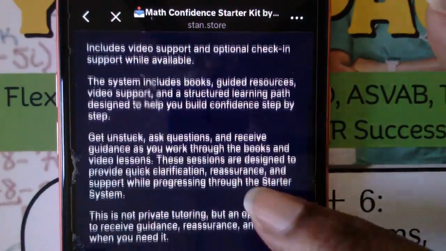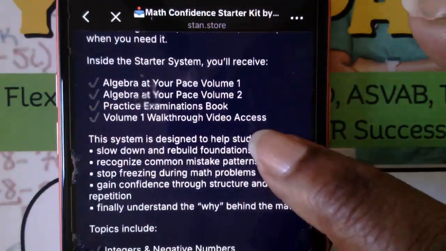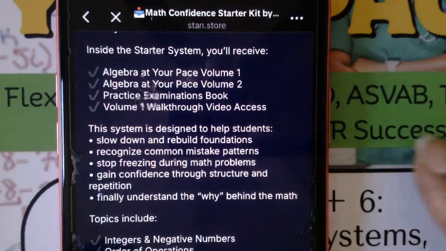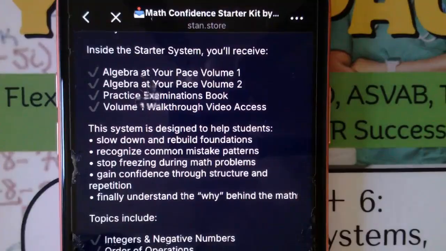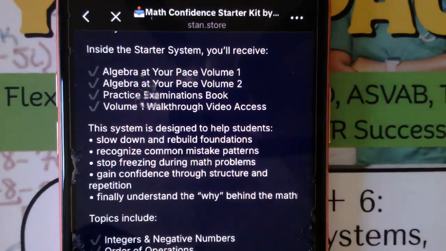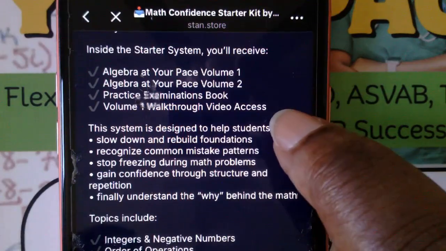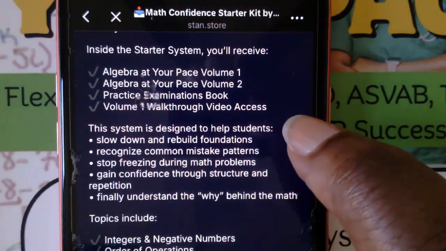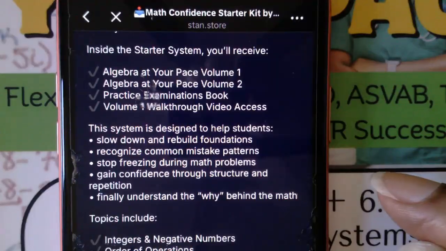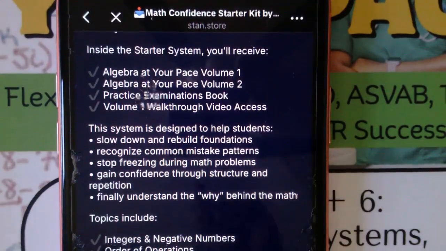Then you'll have a little introduction to it. Then it talks about what's included. You got volume 1 and volume 2. Everything that's in the physical books is in the digital books. I don't change anything. But then you also get a practice exam book, and I do a video answer key walkthrough. So all those extra practice problems and the quiz problems, I did a video walkthrough to solve each and every one of those problems.